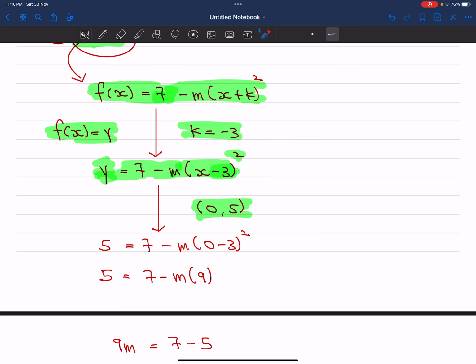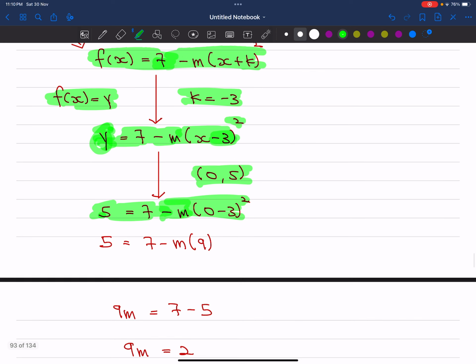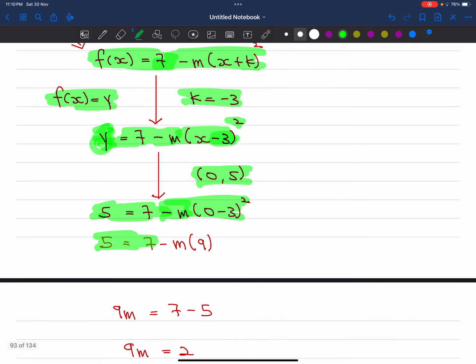So that means y is 5, and x is 0. So 5 equals 7 minus m times 0 minus 3 squared. Negative 3 squared is 9.